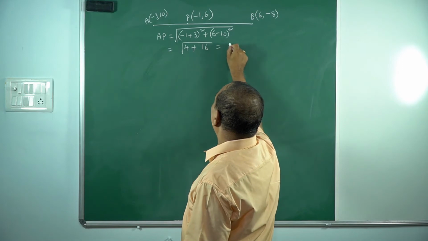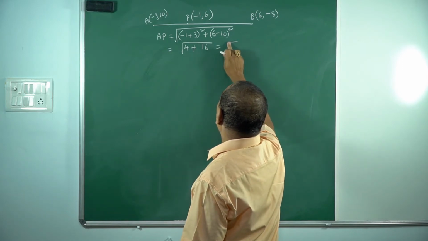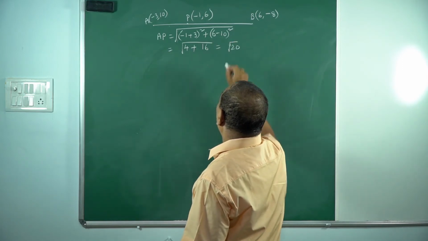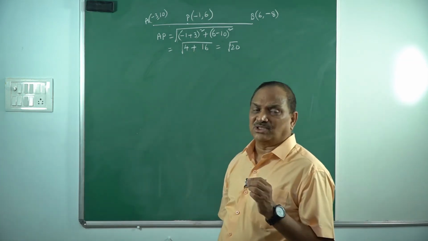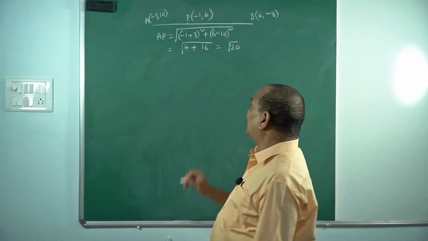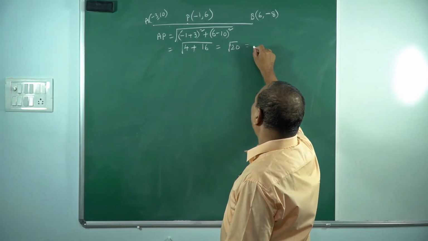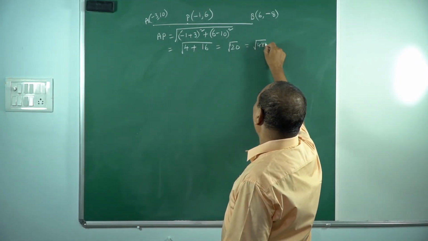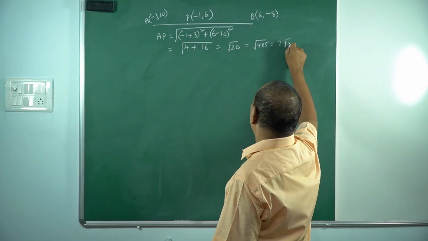Root over this, root 20, and there is a small simplification possible. 20 can be written as 4 times 5, 4 has the root, so this can be written as root 4 into 5, so 2 root 5.